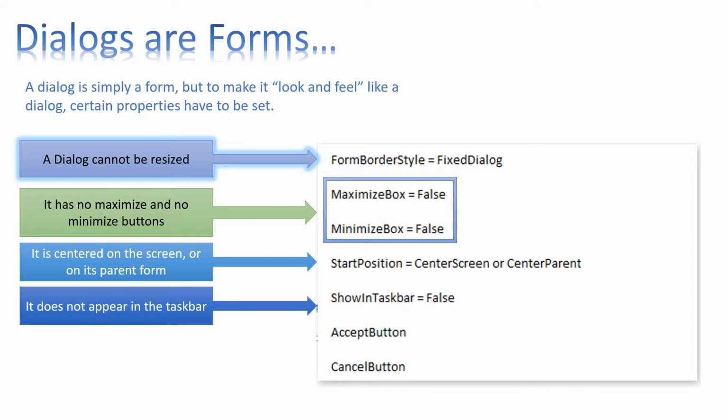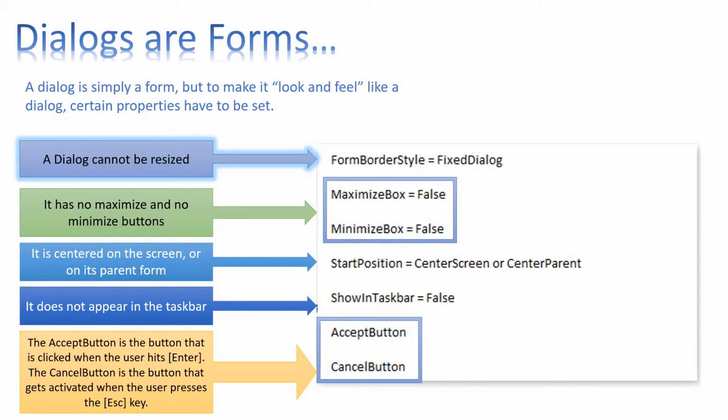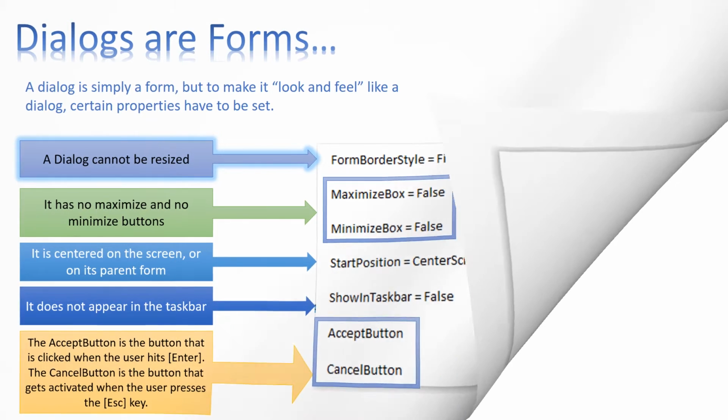Dialogs aren't applications, they're merely windows that are part of another application. So it doesn't make sense for them to have their own icon on the taskbar. A form's accept button is the button that gets clicked when the user hits the enter key. The cancel button is the button that gets activated when the user presses the escape key.